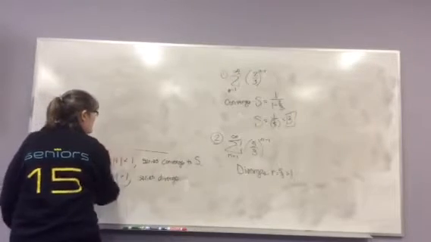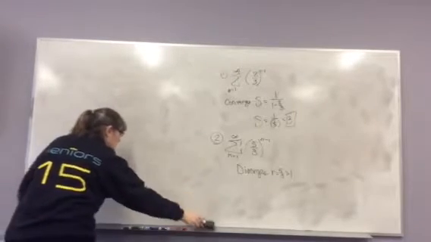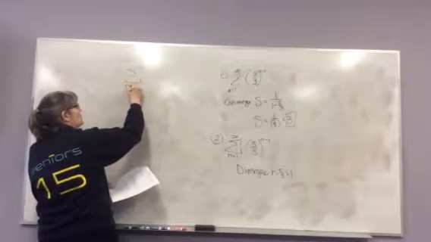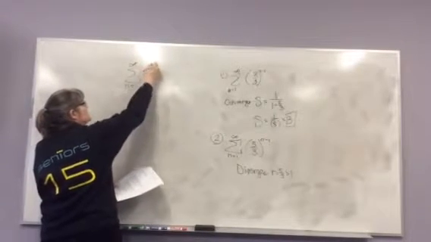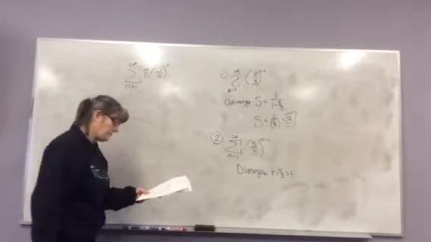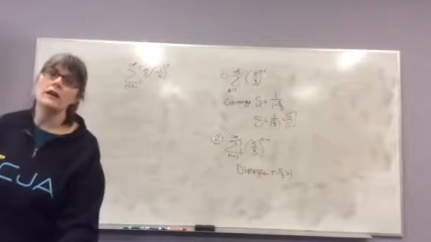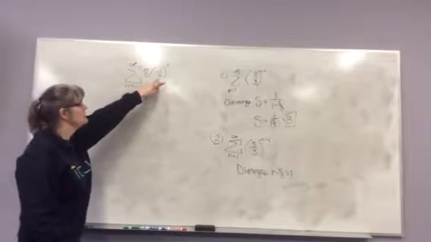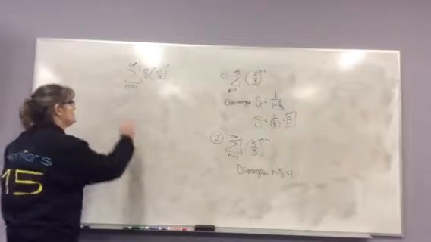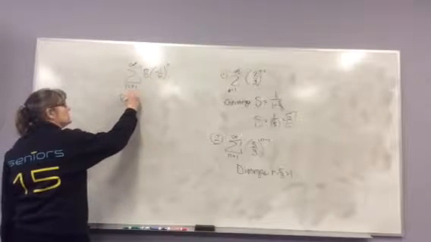Third example is the series from n equals 1 to infinity of 8 times negative 1/4 to the n. Now, r, the absolute value of r anyway, r is negative 1/4. The absolute value of that is less than 1. Therefore, we know that this converges.